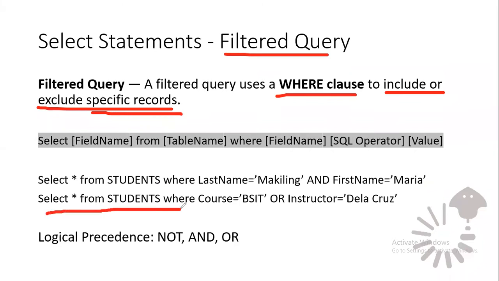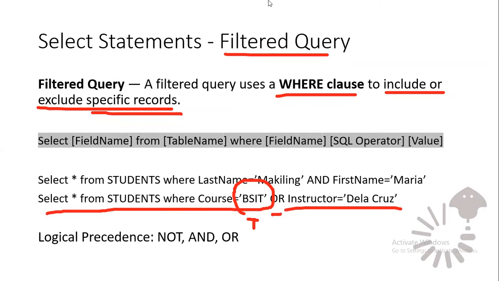Select all from students where course is BSIT. So, yun lang yung i-fetch niya. Kapag ang course hindi BSIT, skip niya yan. Pagka ang course is BSIT true, fetch na yan. Or instructor is the Cruz.